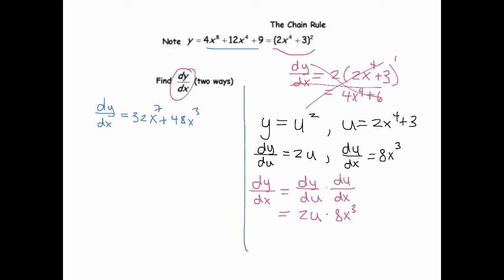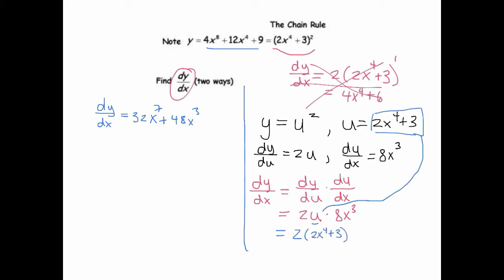And so we are almost done. It's just that dy dx should really just be a function strictly in terms of x. So since I know that u is what I'm calling 2x to the 4th plus 3, I can just substitute that back in to get my final answer, 2 times 2x to the 4th plus 3.